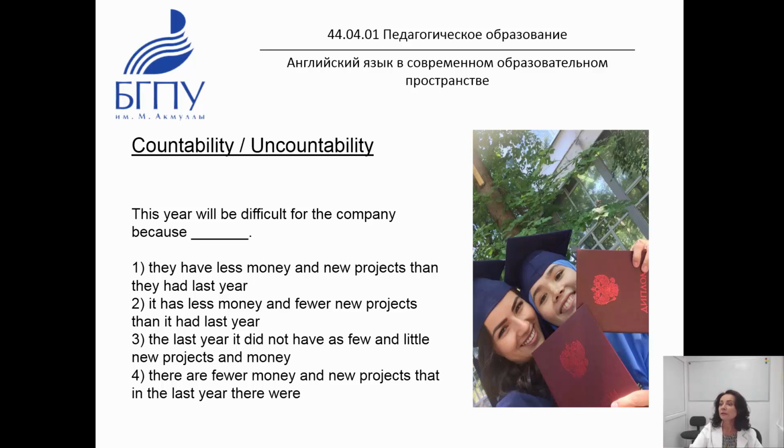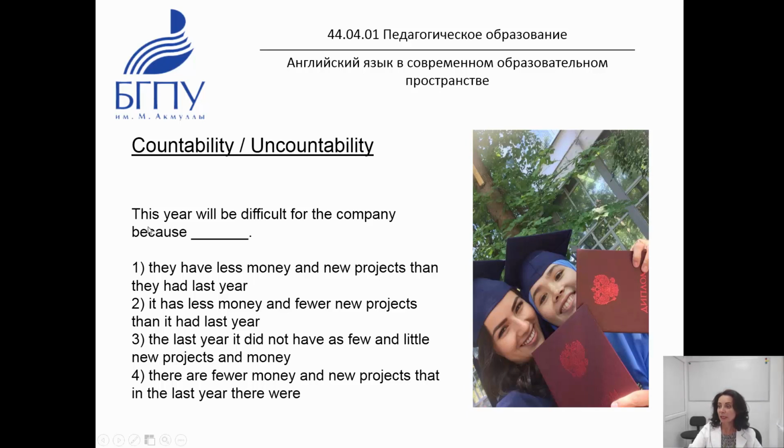You should remember that countable nouns are used with words like many in the meaning of много and few in the meaning of мало, and uncountable nouns are used with words like little in the meaning of мало and much in the meaning of много.